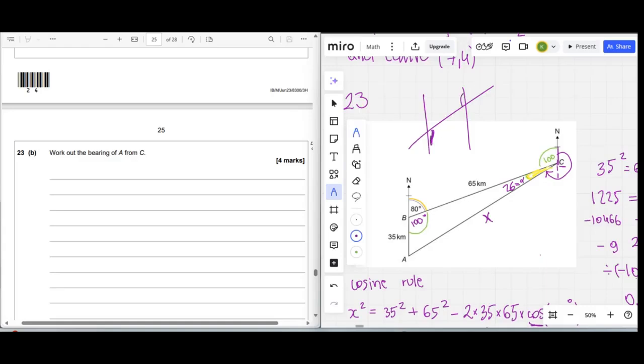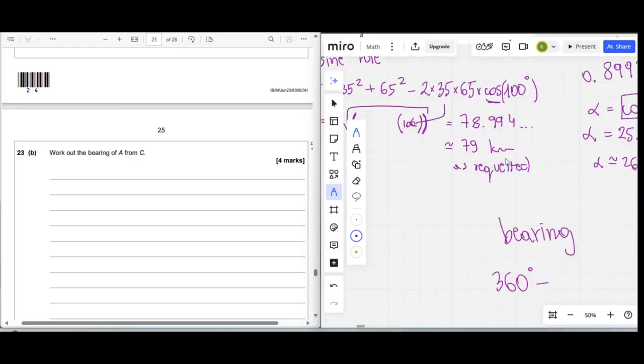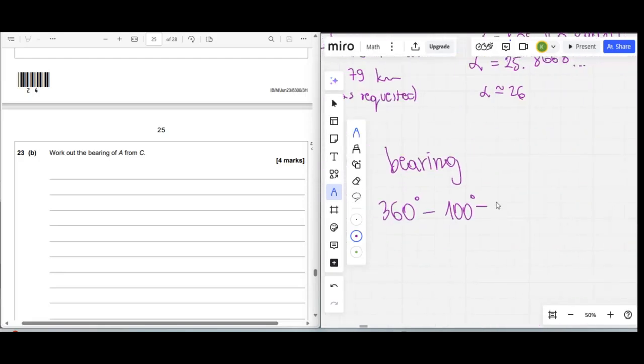This angle and this angle are equal, so we know that there is 100, there is another 100 there, and we found that 26. So from the whole circle we are deducting the green 100 and the yellow 26. And that's 234 degrees.